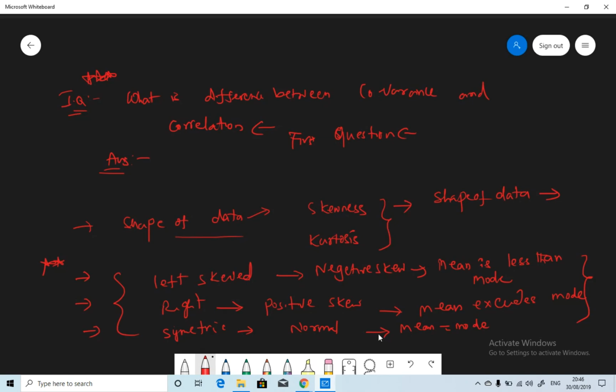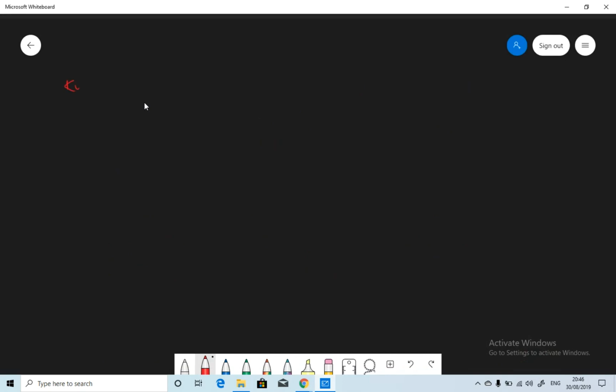Don't worry about it. First try to understand what skewness and kurtosis are. This kurtosis topic is relevant to probability and distributions. You just note down this point. We will talk about kurtosis in the probability and distribution class.